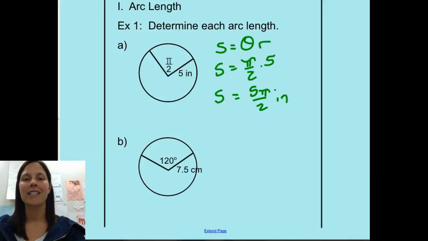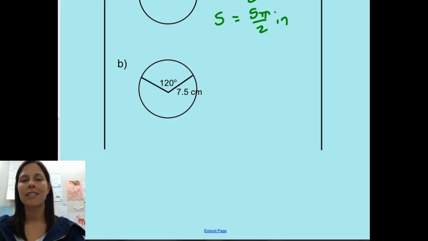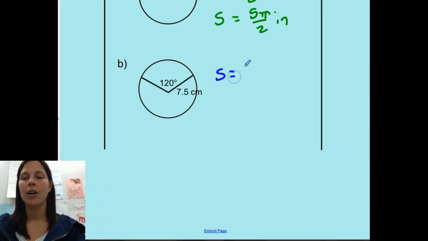Arc length is a measure like circumference, so it would be in units of inches, or whatever the units on the radius are. Notice example B, that angle measure is not in radians. In order to find the length of the arc, we will need to convert that 120 degrees to radians.